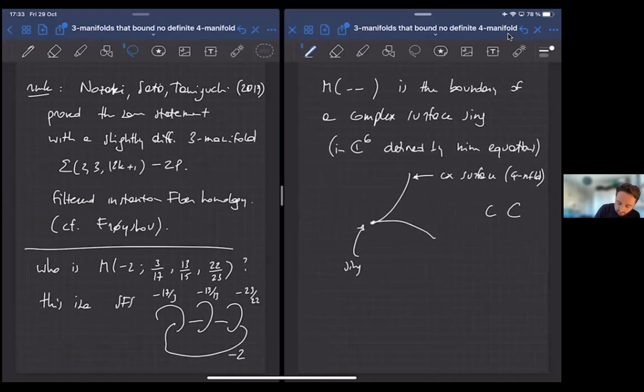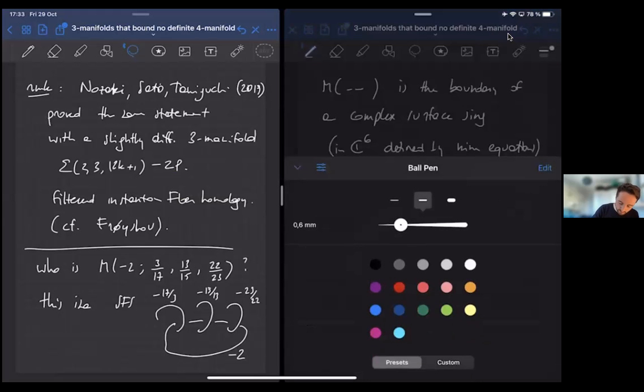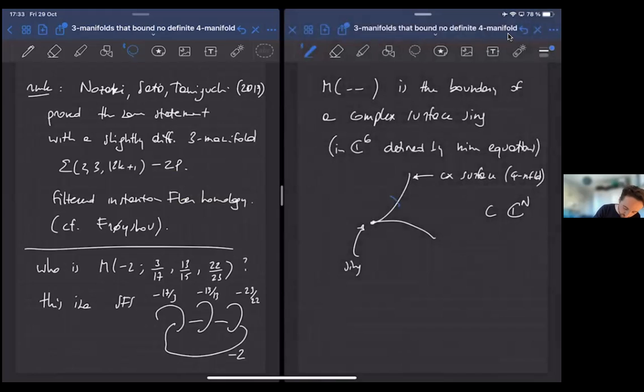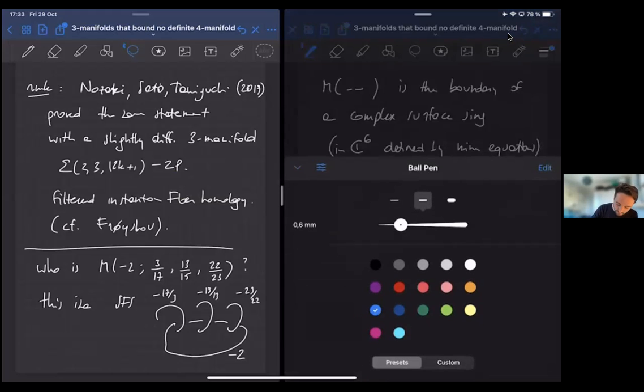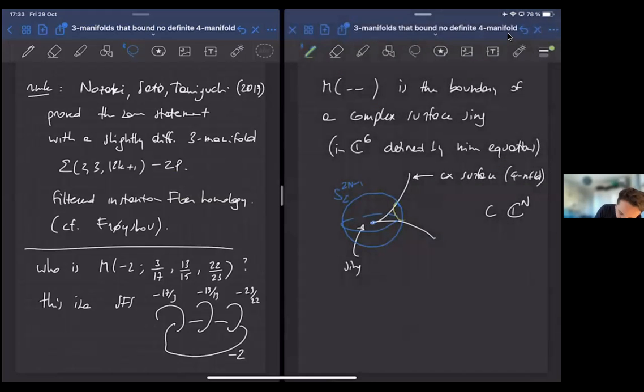which lives in some C^n, and you take a small round sphere, S^(2n-1) of radius epsilon in C^n, centered at the singularity, and you take the intersection between your complex surface and this hypersurface in C^n.